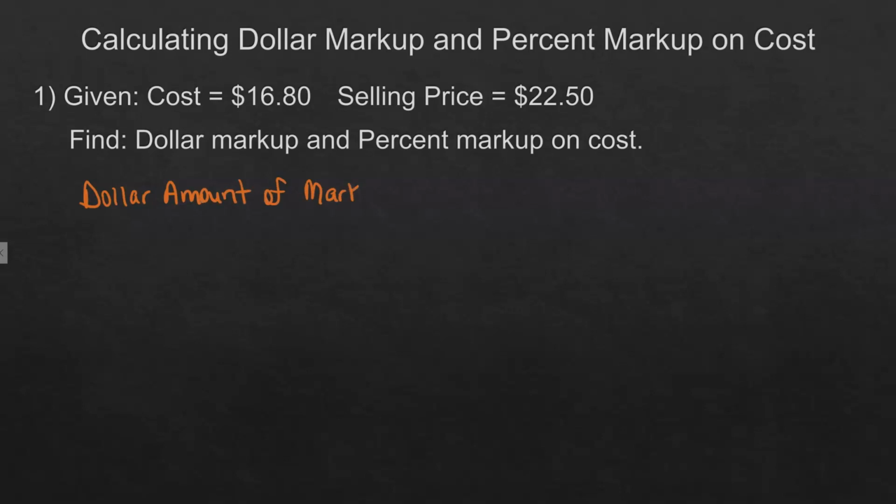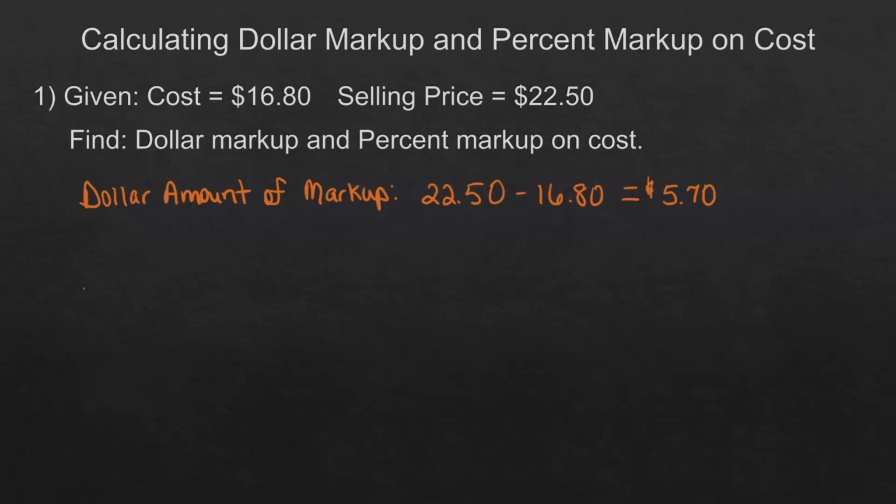And I'm writing this out because I don't want you to start being confused about percents and amounts. We've talked about this before. You kind of have to keep that straight in your head. So if we take $22.50 and we subtract $16.80, then we see that that's $5.70. So that's the amount of the markup, $5.70.